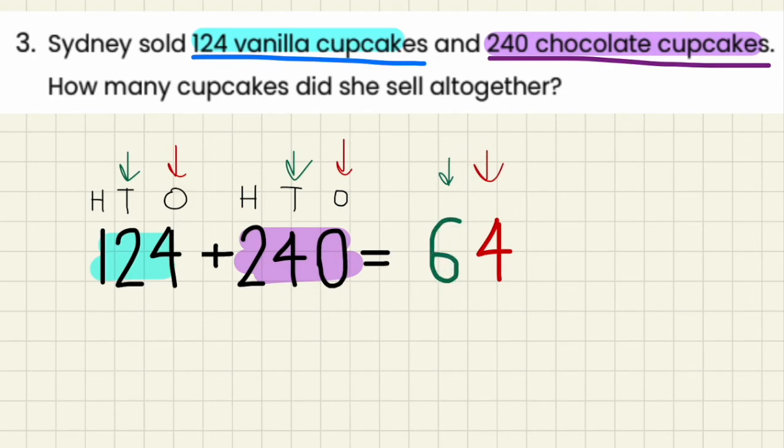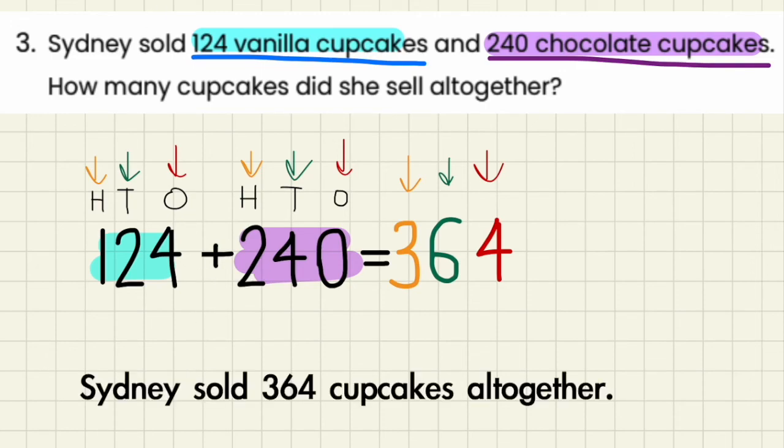And our last step is to add the hundreds place. So it would be 1 plus 2. What is 1 plus 2? You're correct, it is 3. So our final answer, 124 plus 240, equals 364. Now we have to answer this question in sentence form too. And we would write, Sydney sold 364 cupcakes altogether.